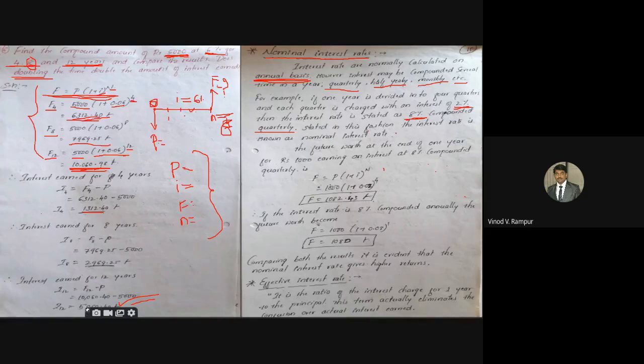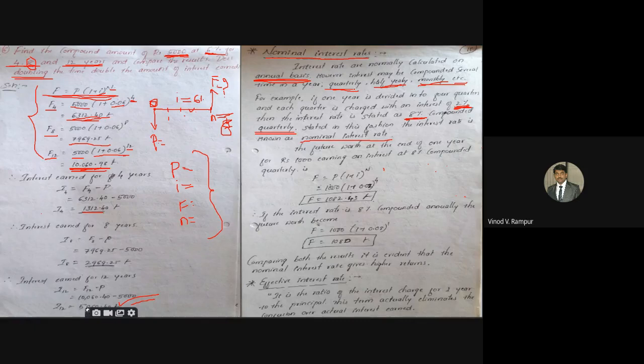Stated in this fashion, the interest rate is known as the nominal interest rate. Now if I take 2% compounded monthly, then 2 times 12 is 24% compounded monthly. Like that, we have to calculate the nominal interest rate depending on half yearly, monthly, or quarterly.